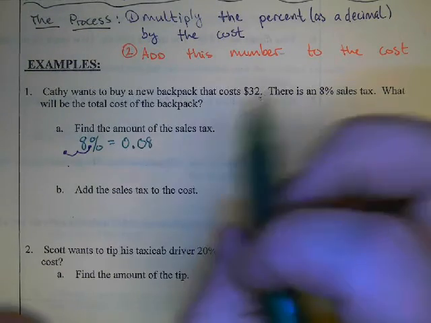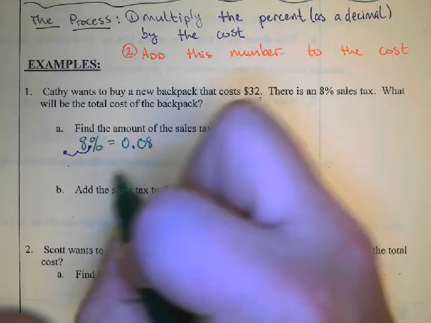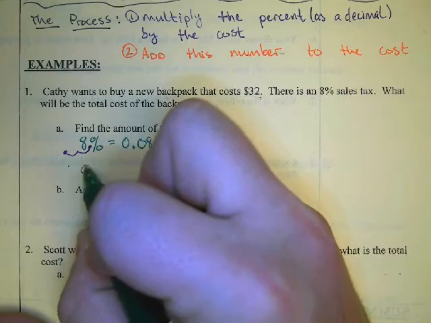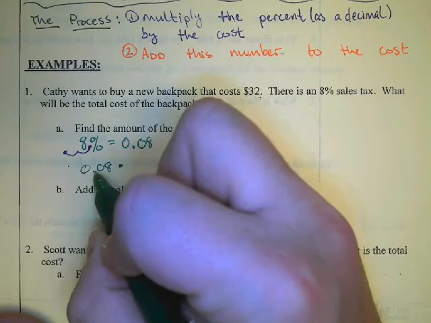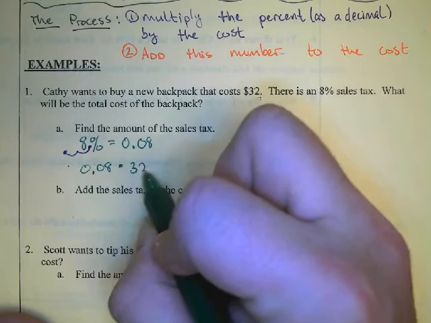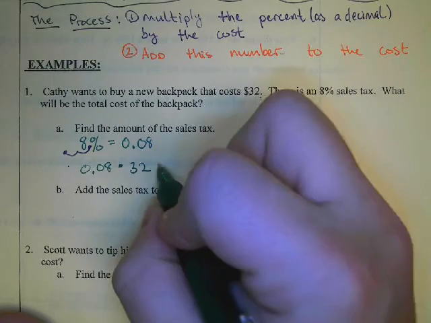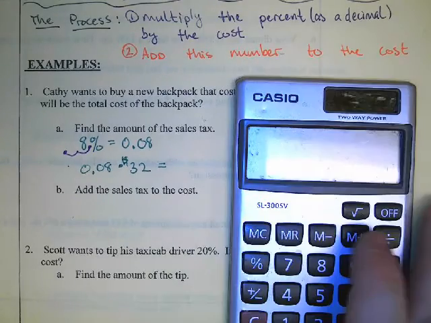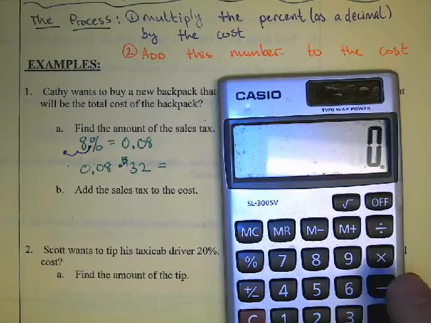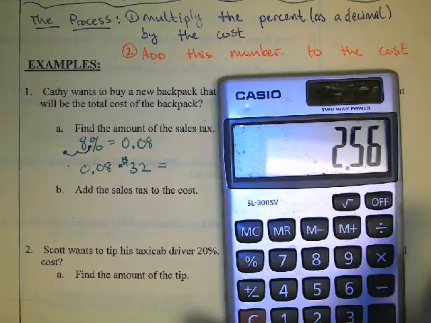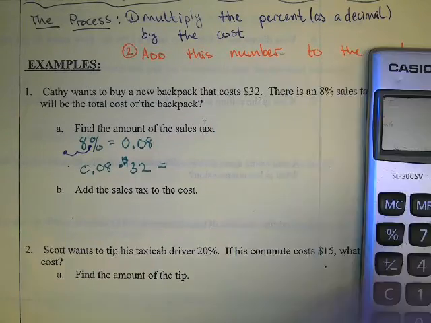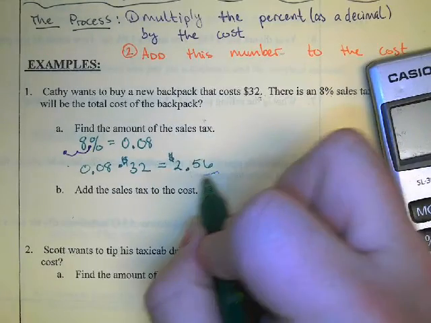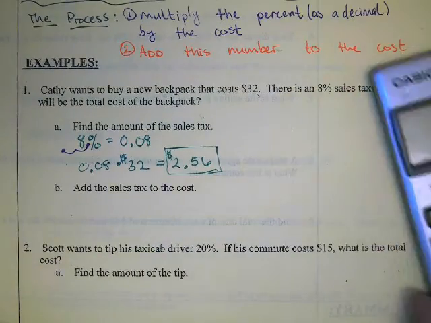Now, I'll take my 0.08 and multiply times the cost, the $32. And that will give me, we'll pull out our handy dandy calculator, 2.56. So $2.56 is our tax. So there's part A. I found how much I'm paying in just tax.